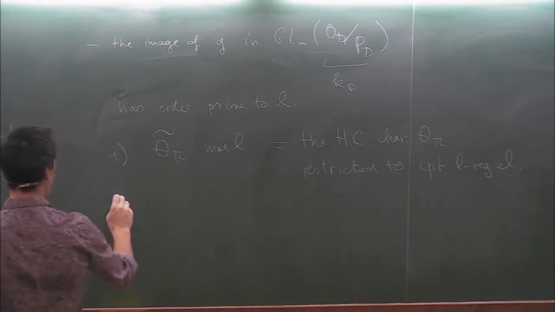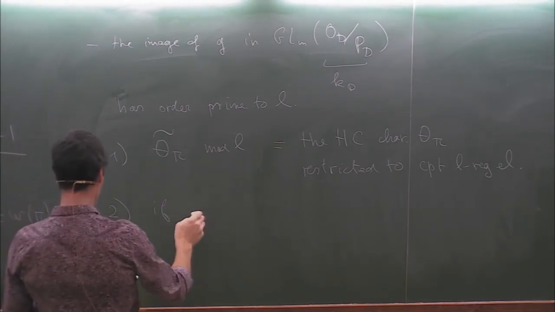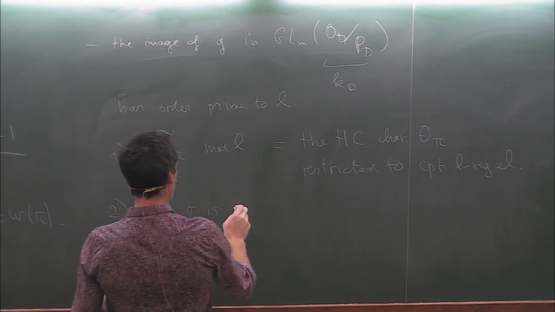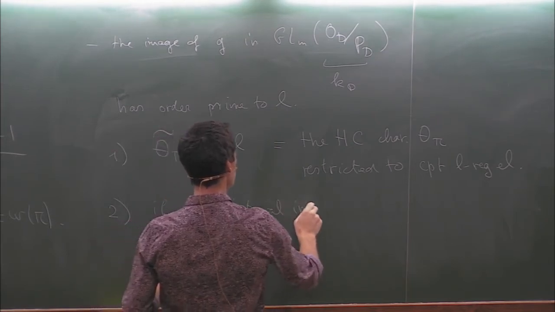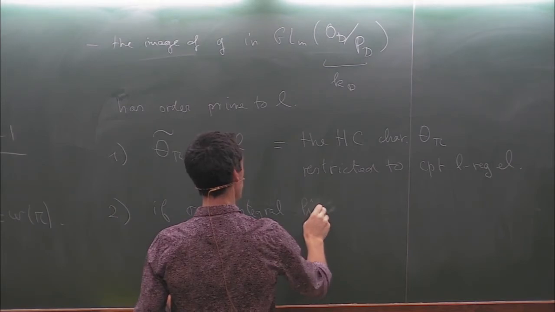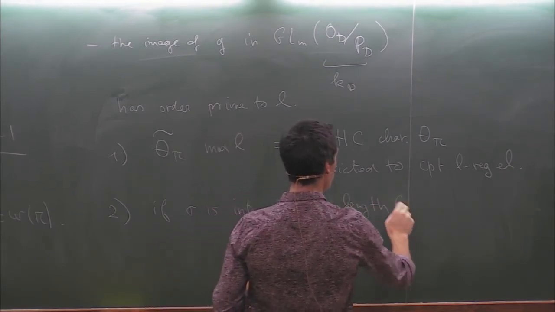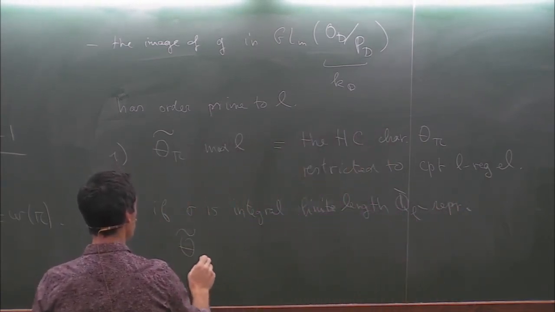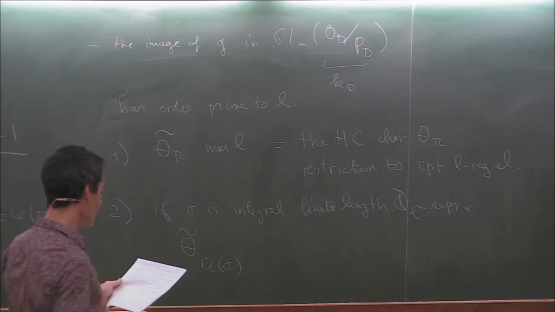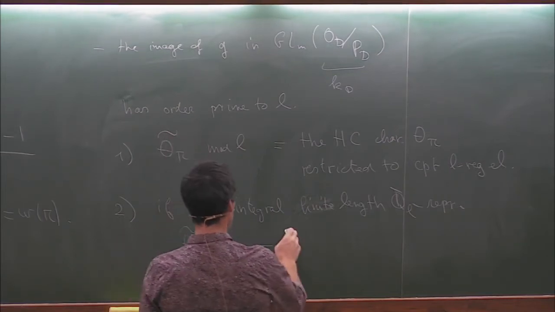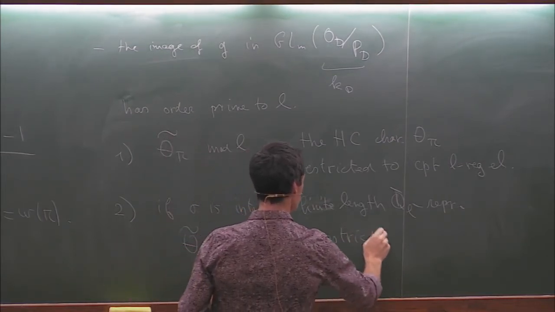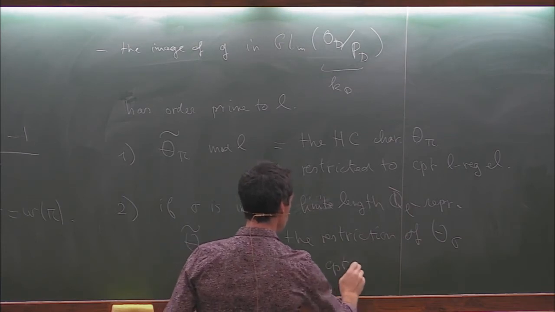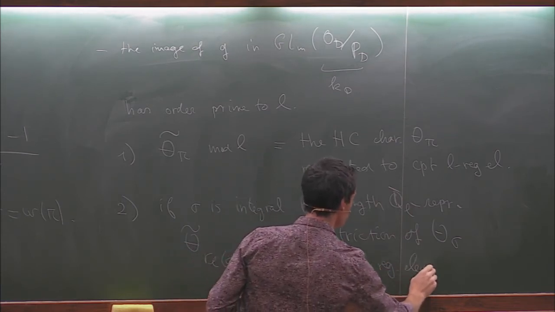And the second property of the Brouwer character is that if sigma is an integral, irreducible, or finite length, it doesn't matter, finite length QL bar representation, then we may consider theta tilde of the reduction mod L of sigma, and it is the restriction of the Harish-Chandra character of sigma to compact L regular elements again.